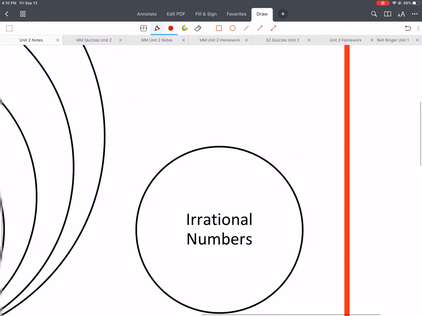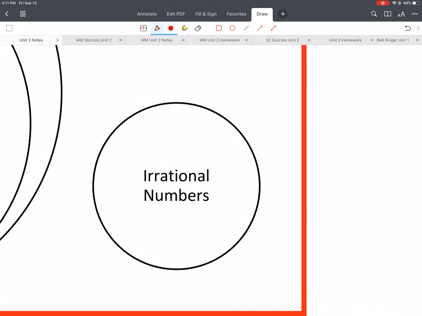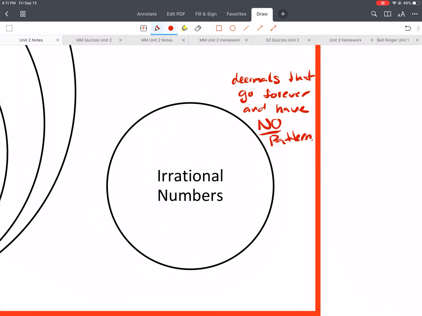Okay, over here we have irrational numbers. Irrationals are decimals that go forever and have no pattern. Okay, so for example, some of the most common irrational numbers would be something like pi.